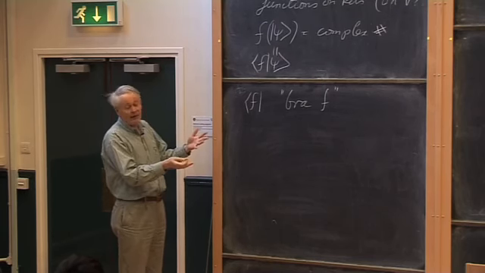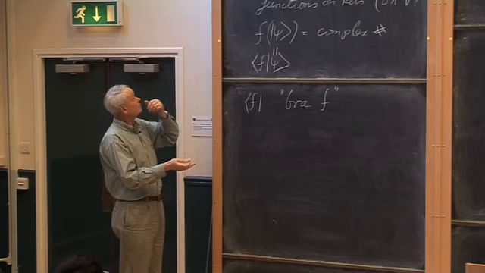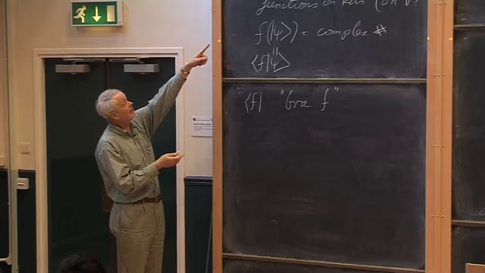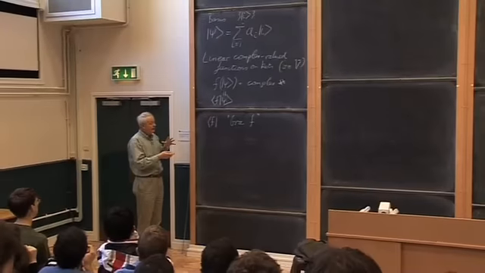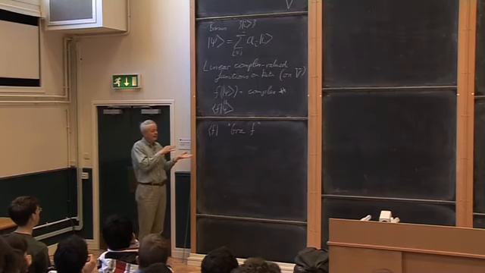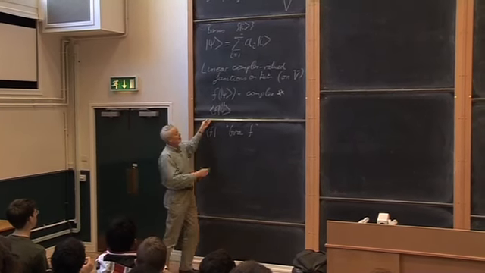The kets form a vector space. Because it's a vector space, it must have bases like that up there. And the bras also form a vector space, as I hope you've discovered in Professor Essler's lectures.